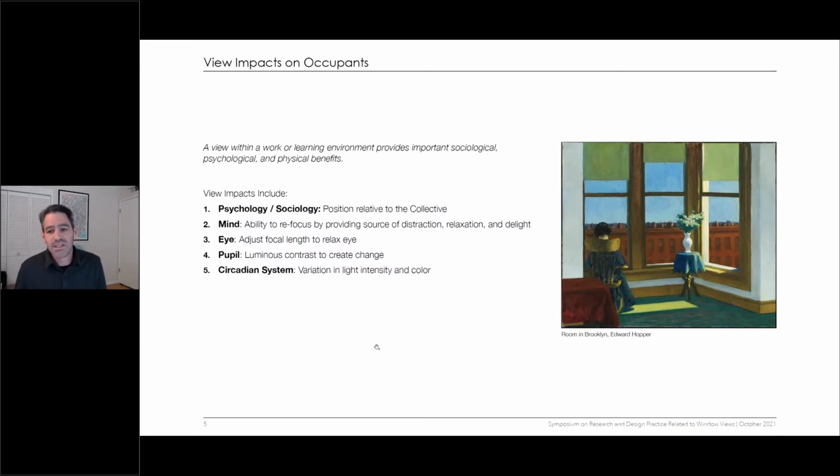All of these things provide important benefits. The question that we have is really, at what point do you not get these benefits anymore?